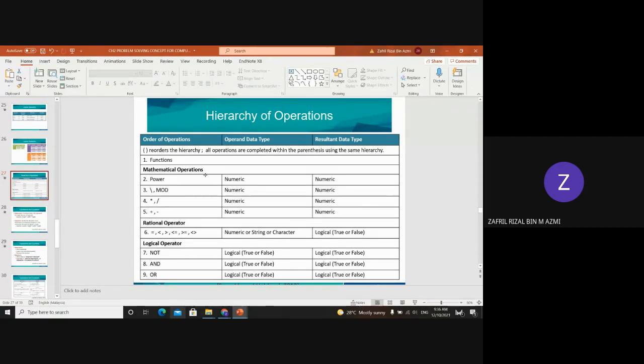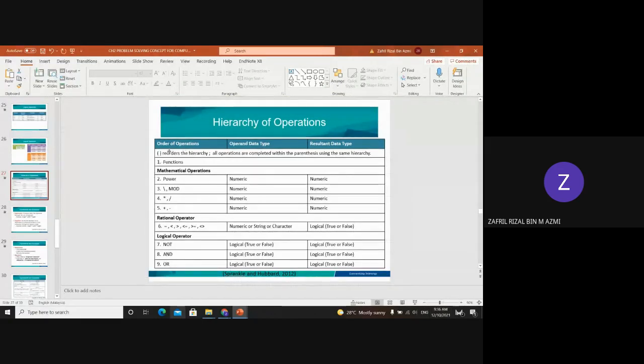Meaning that the first element on the top of the hierarchy is the most priority. So if you see a bracket, you must solve the element inside the bracket first.